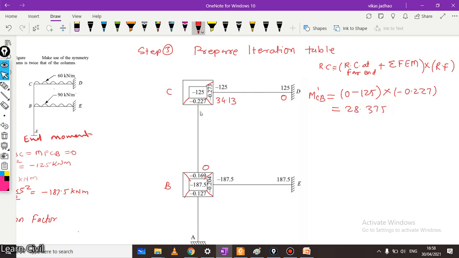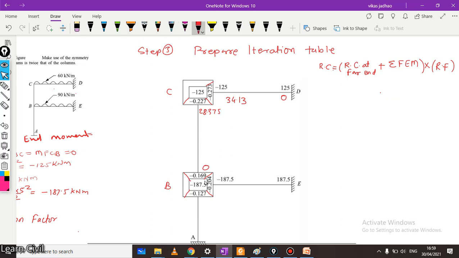Just write this down here. The values should not overlap. Similarly, next we have to find out the rotation contribution.